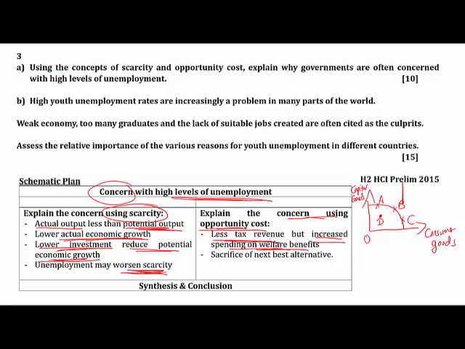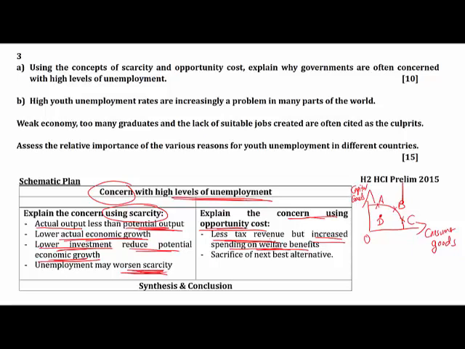But instead, when you have a high level of unemployment, government might have to divert some of these resources to providing unemployment benefits, for example, as a result of the high level of unemployment. So this causes an opportunity cost, which is the idea of your next best alternative that you forgo.